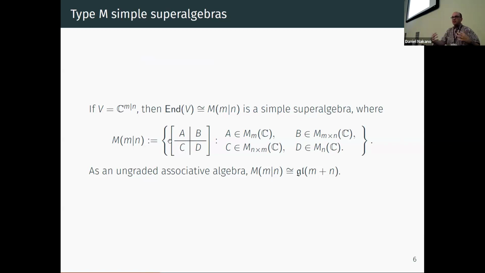The even endomorphisms are those that preserve the superdegree, and the odd endomorphisms are those that reverse superdegrees of homogeneous elements. The even endomorphisms are the matrices where the B and C blocks are both 0. The odd endomorphisms are those where the A and D blocks are both 0. Arbitrary linear maps are sums of homogeneous parts. As an ordinary ungraded associative algebra, it's just a matrix ring of size m plus n. So this type of simple superalgebra is also simple as an ungraded algebra.